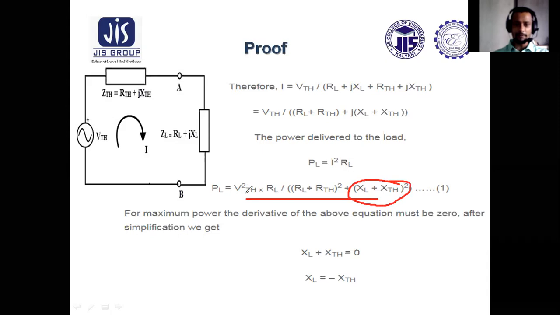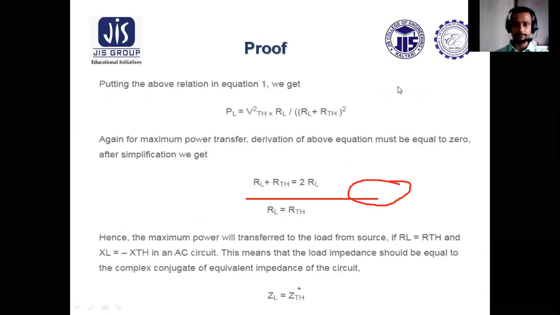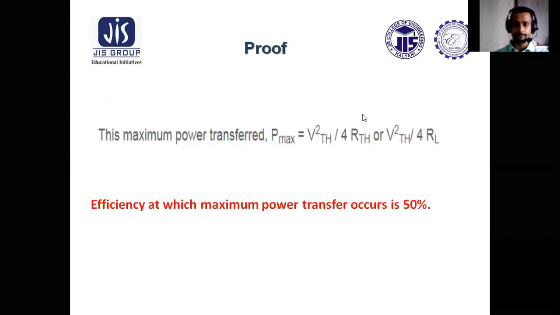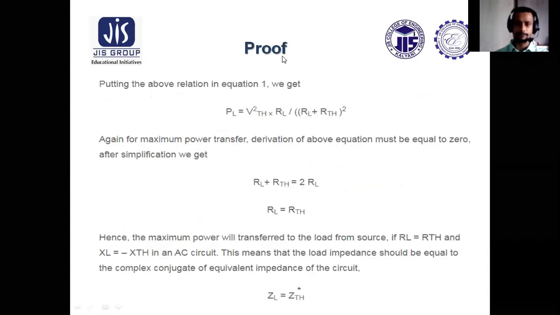So PL will become VTH square RL by RTH plus RL whole square. Now again, you can differentiate this with respect to RL to get the condition for RL, or you can do this simply like this.